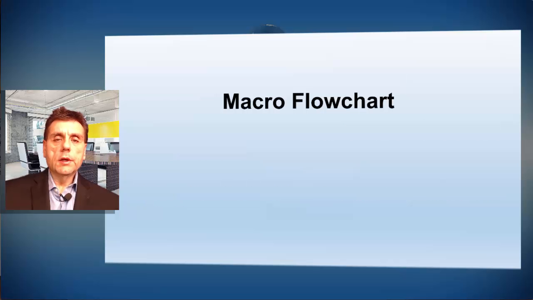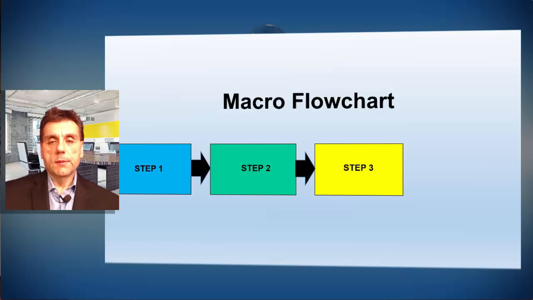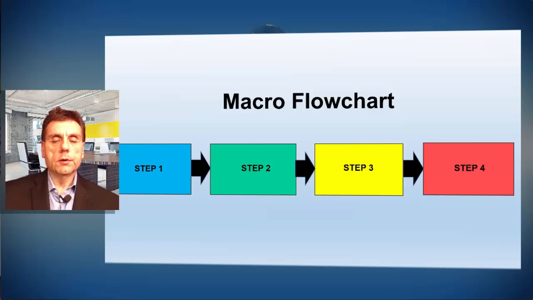Okay, so a macro flow chart shows particular steps basically in sequential order. Step 1 goes to step 2, then to step 3, and then step 4, and so on. So basically it doesn't show any decision points or any functions involved, just basic steps, or macro steps, or processes that follow each other in order to complete the entire system.